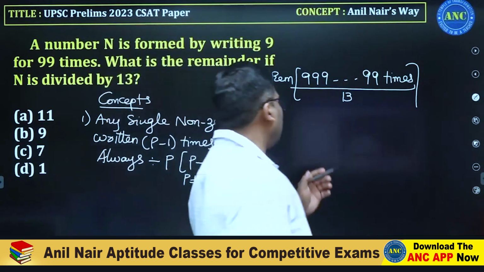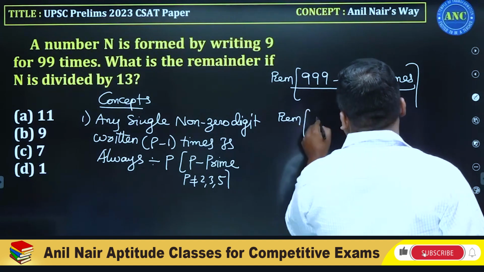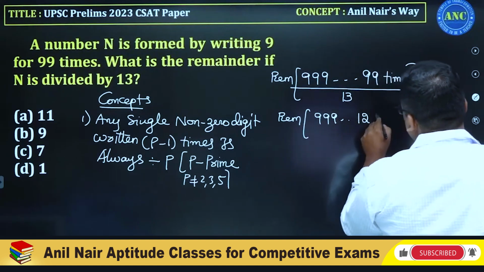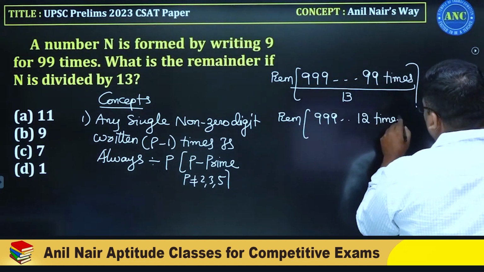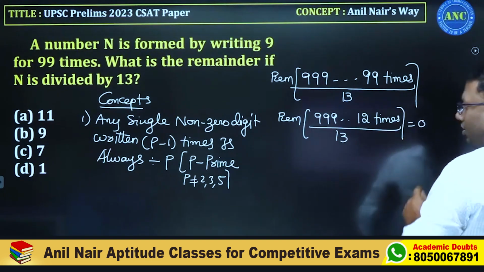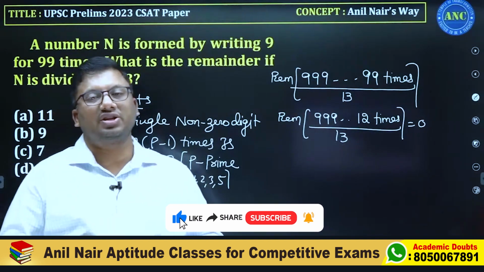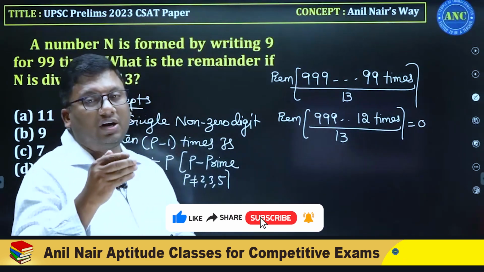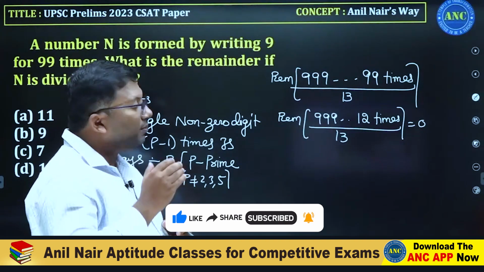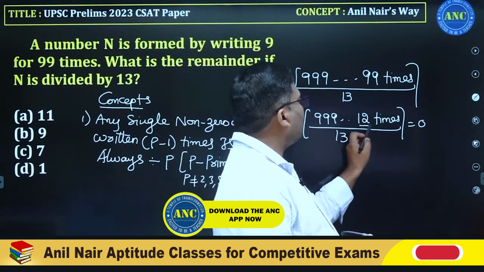So if 9 is written 12 times, divided by 13, we already discussed that any single non-zero digit written p minus 1 times is always 0. So for 12 times the remainder is 0.